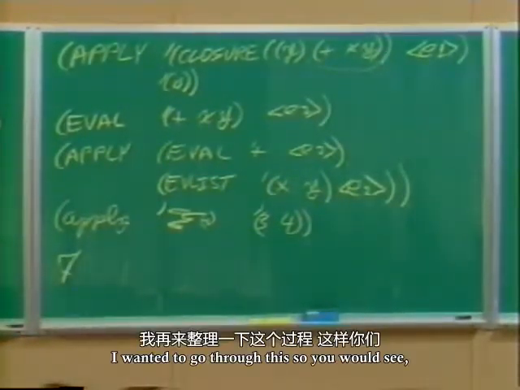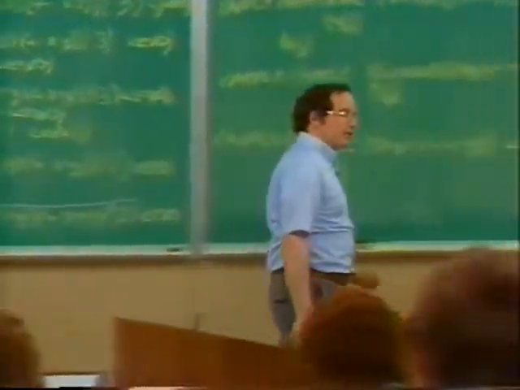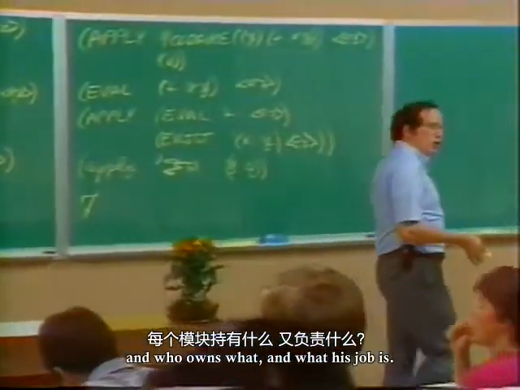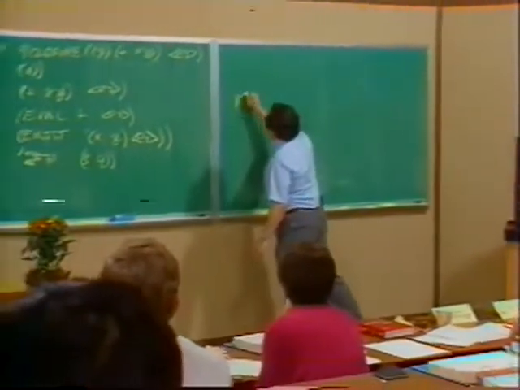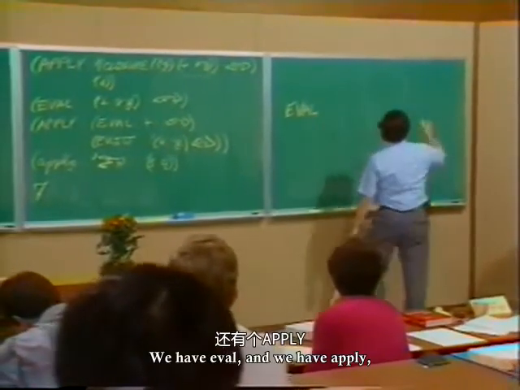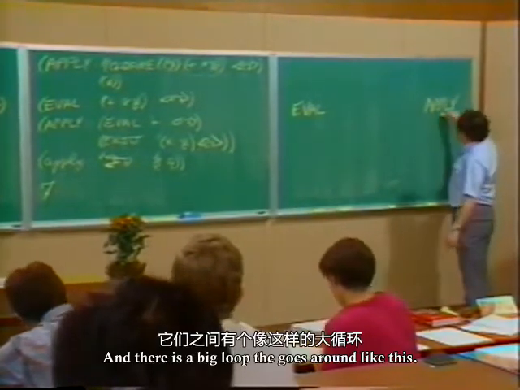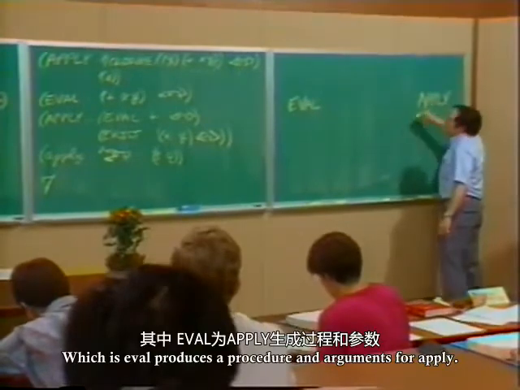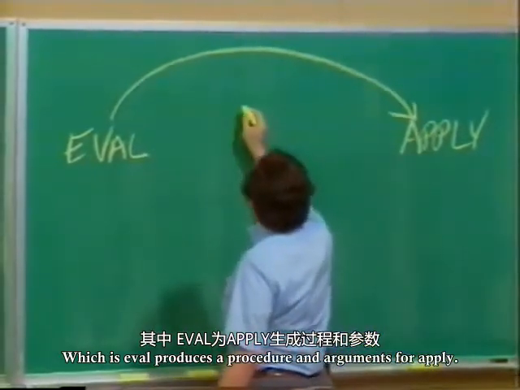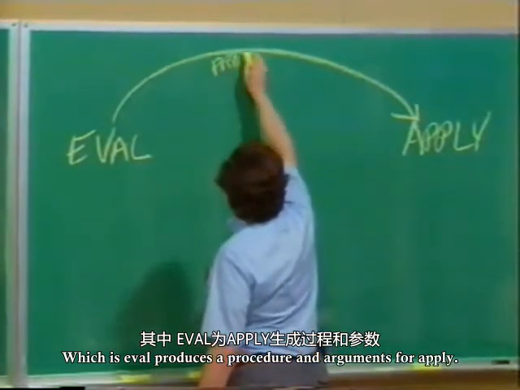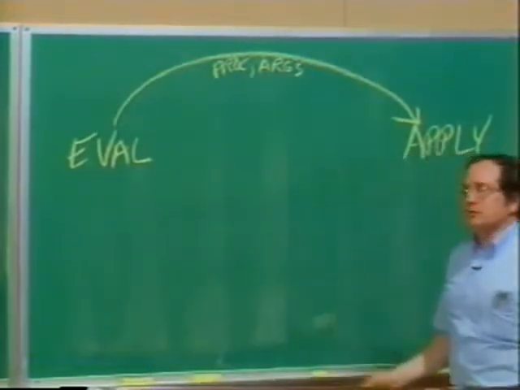I wanted to go through this so you would see essentially one important ingredient, which is what's being passed around and who owns what and what his job is. So what do we have here? We have eval and we have apply, the two main players. And there is a big loop that goes around like this, which is eval produces a procedure and arguments for apply.